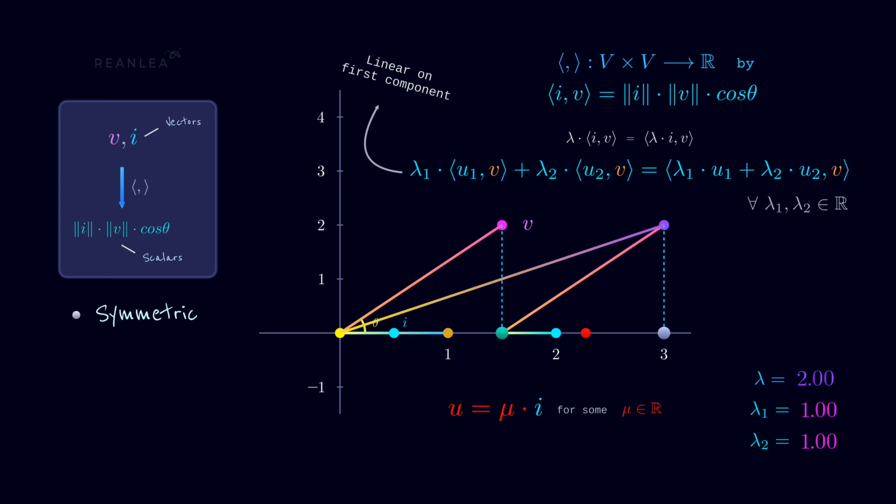And since the inner product is symmetric, it is linear on its second component also. And that's why the inner product is bilinear.